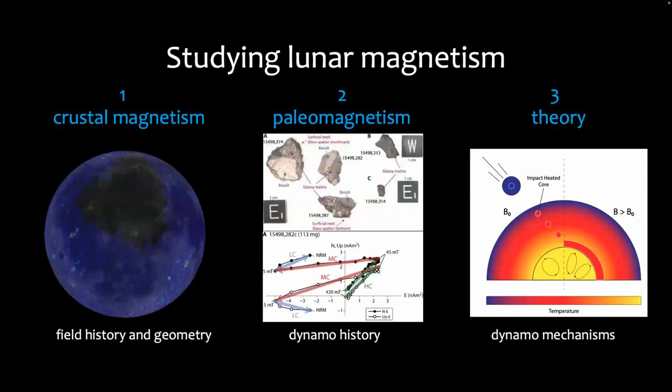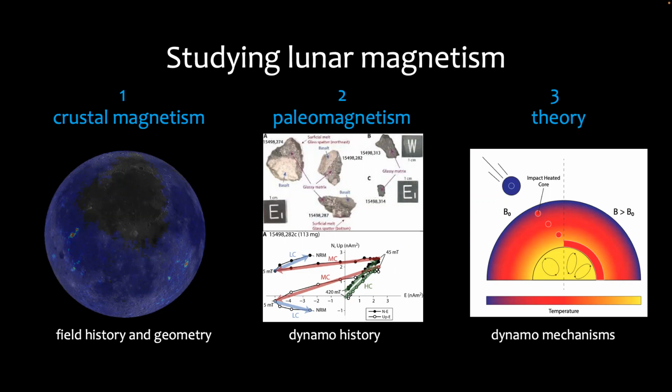So there are a few different ways to study lunar magnetism. The first way is to look at the remanent crustal magnetism that's preserved in the lunar crust via orbital measurements. The second approach is the one that I spend most of my time on, which is paleomagnetism, actually studying magnetic records that are preserved in individual lunar rocks.